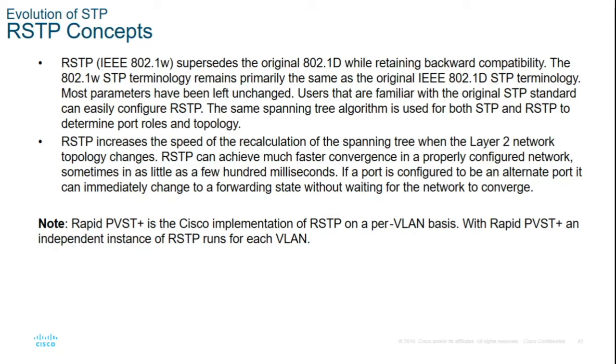That is fast, right? Also, if a port is configured to be an alternate port, it can immediately change to a forwarding state without waiting for the network to converge. Take note that Rapid PVST Plus is the Cisco implementation of RSTP on a per-VLAN basis. With Rapid PVST Plus, an independent instance of RSTP runs on each VLAN.